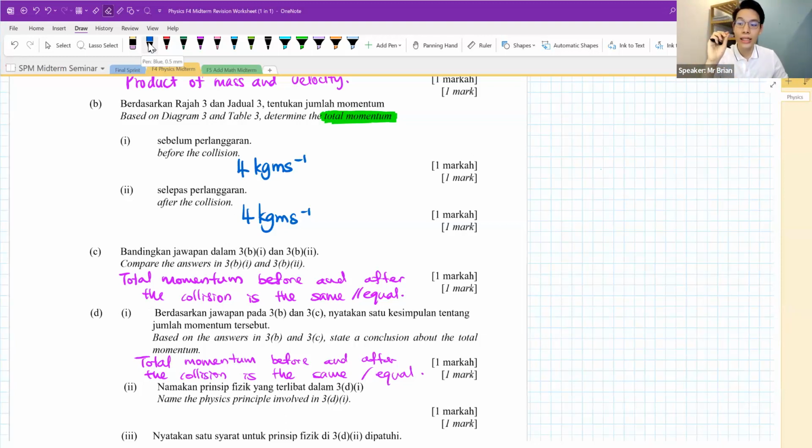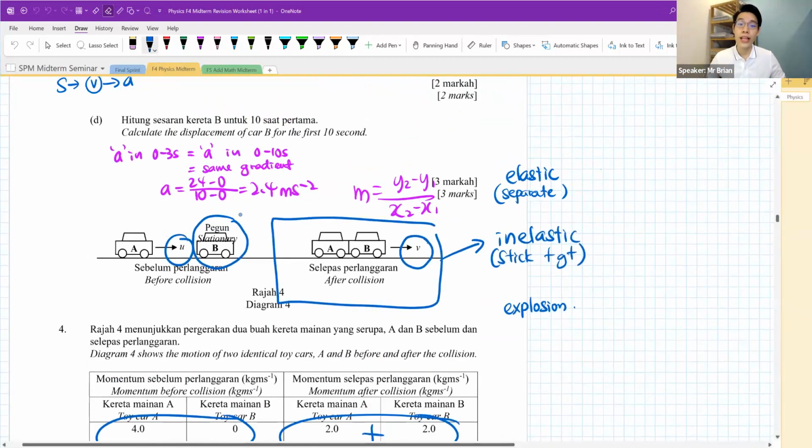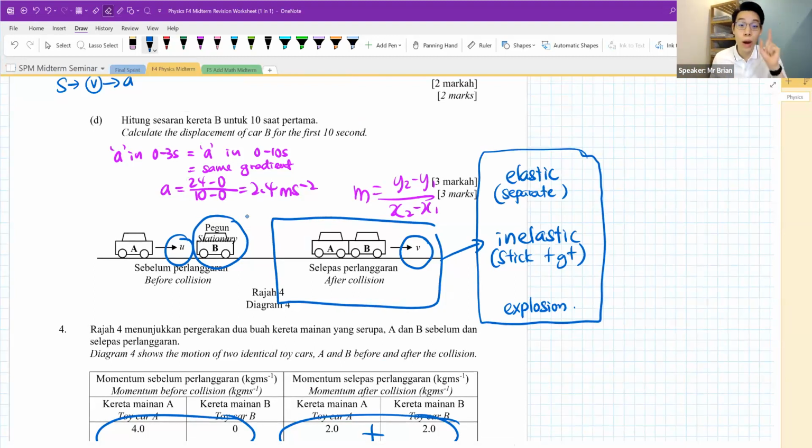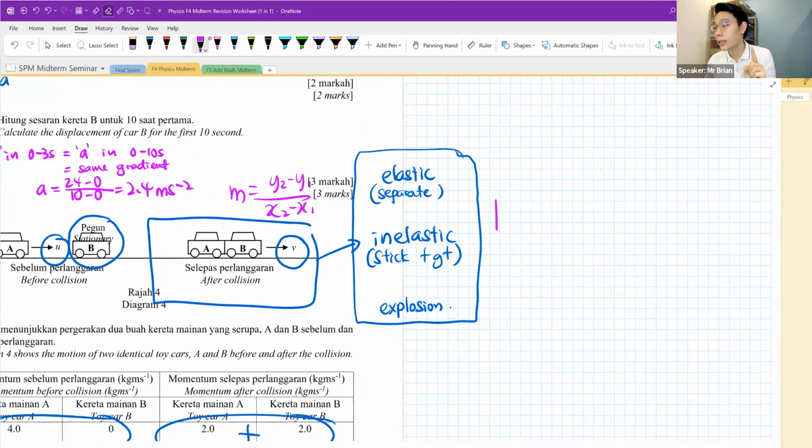But it's just a reminder that good students should be able to look at the kind of question or even the diagram only and immediately know where this is coming from, so that you don't give the wrong principle, you don't explain with the wrong concept. The most important thing you learn in momentum is the principle of conservation of momentum.